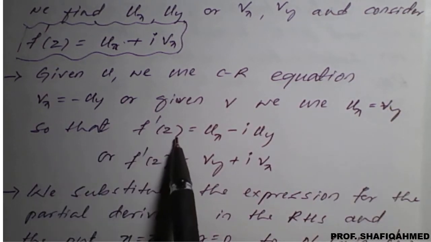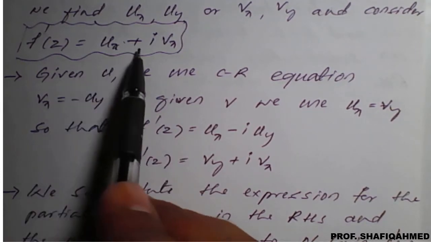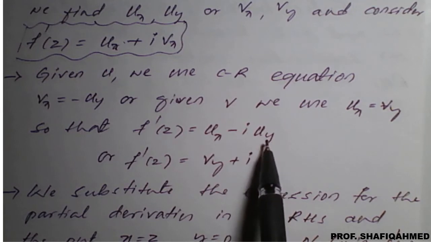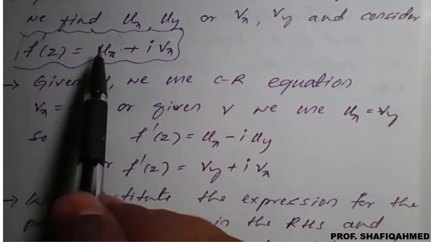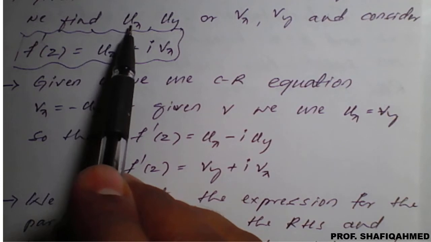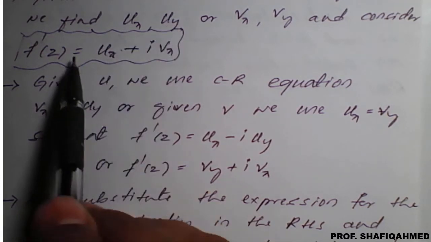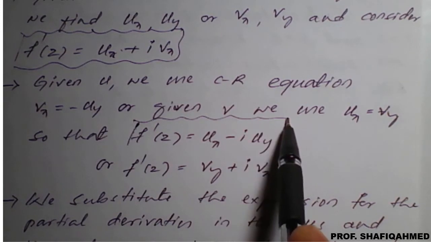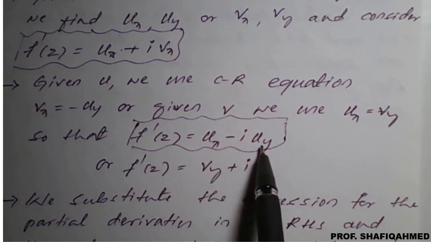So f dash of z will become, instead of ux plus i vx, ux minus i times uy. The reason is that once they have given u, we are just finding ux and uy, but the formula is ux plus i times vx, so we don't know vx. To modify vx, we replace it with minus uy, so f dash of z is equal to ux minus i times uy.